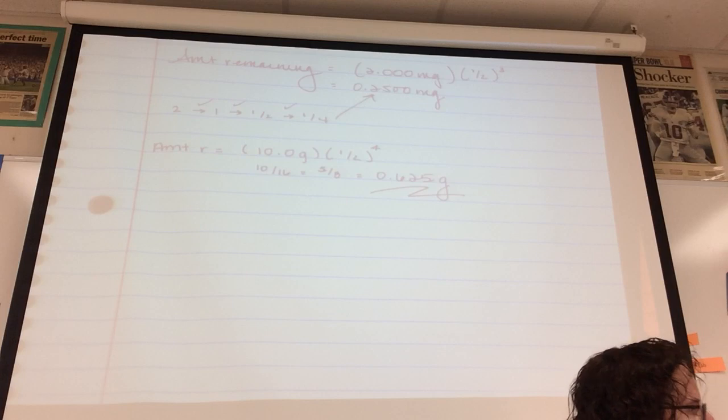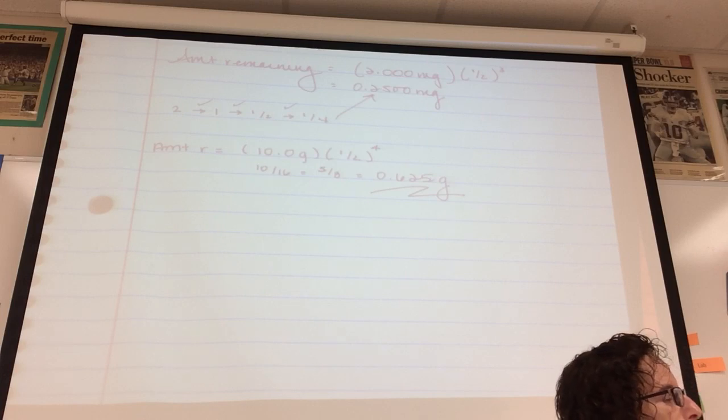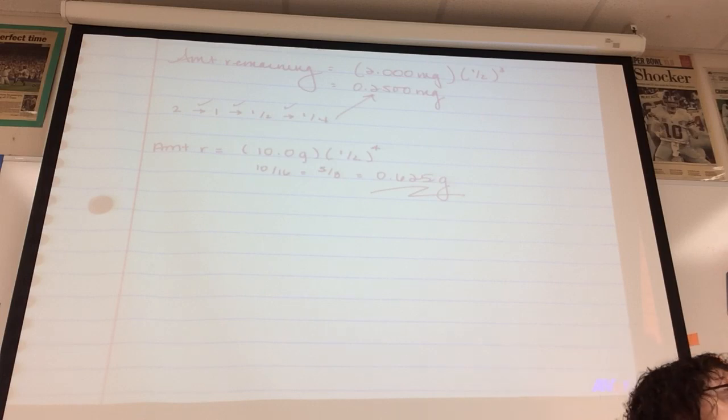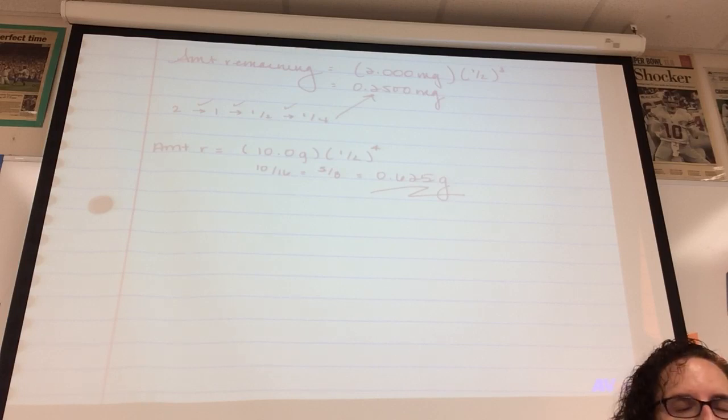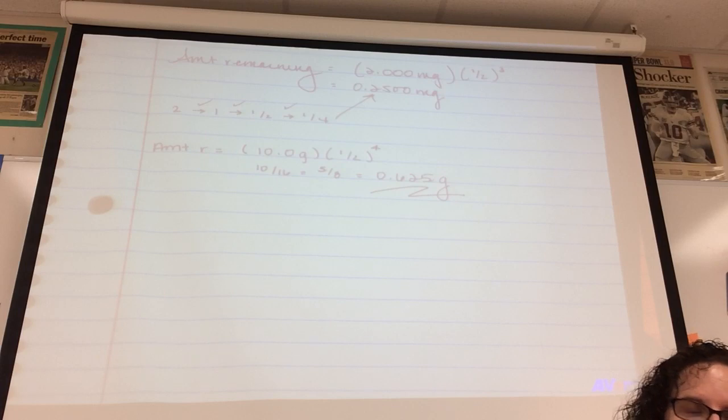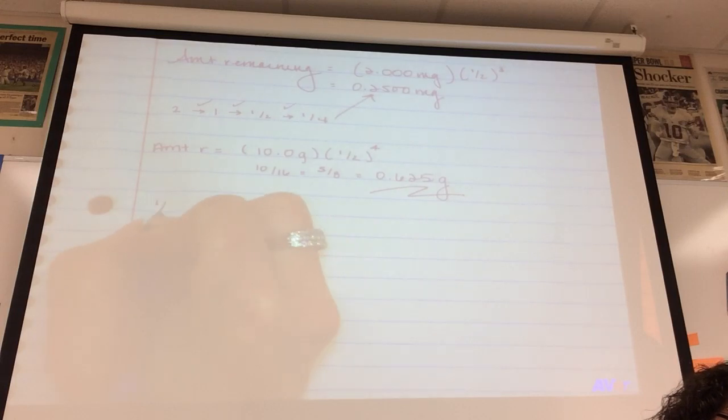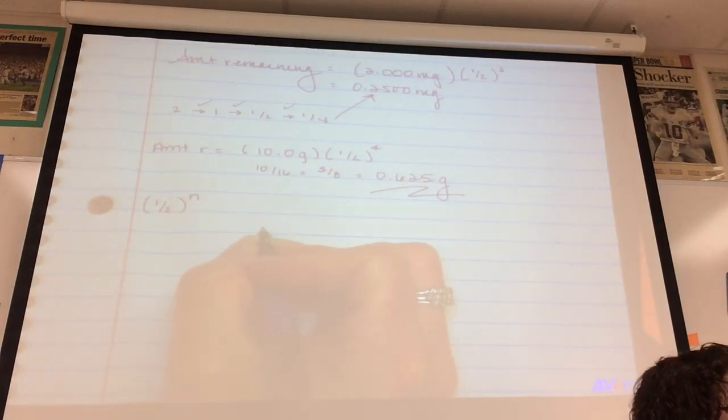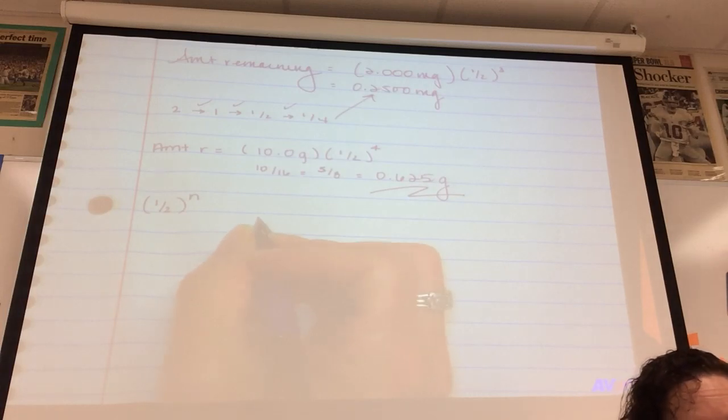The other question is very simple. It says a radioactive element has a half-life of 2 days. Which fraction represents the amount of an original sample of this element remaining after 10 days? They don't specify an amount, just a fraction. So you can assume the initial amount is 1, and then you have 1/2 to the n power, where n is the total time over the half-life.